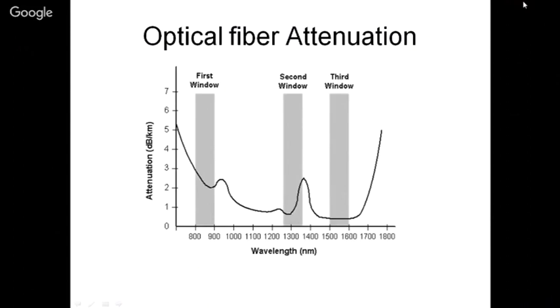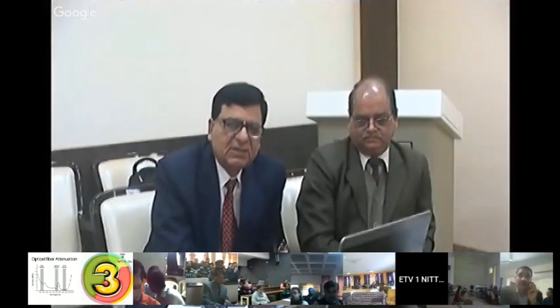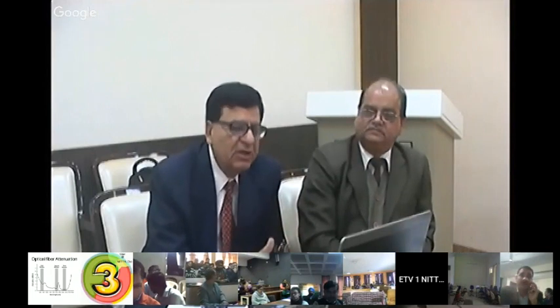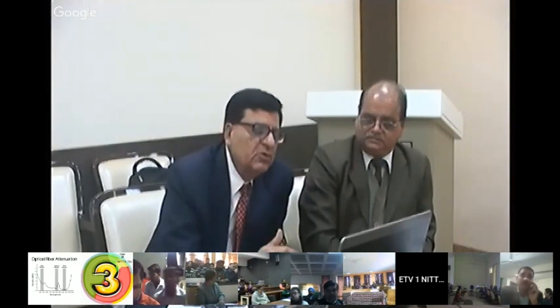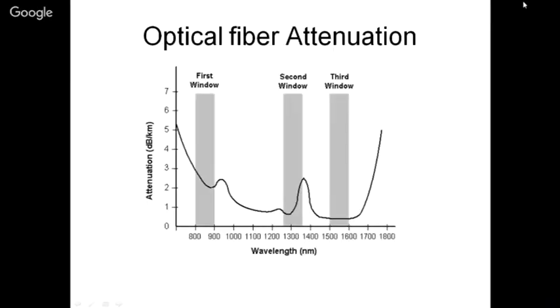So they immediately modified the optics of the LED, and with that they were able to launch light of 800 to 900 nanometer, that is basically 850 or 910, into optical fiber, which could now travel 4 to 5 kilometers.